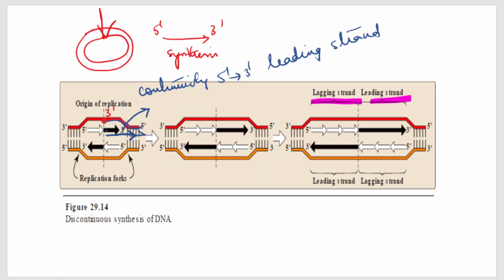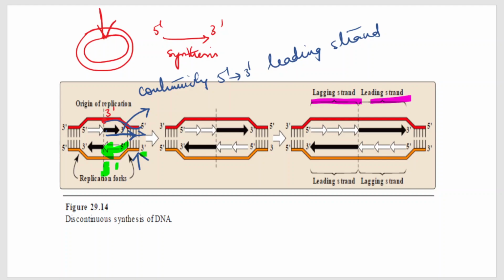Now look at the other end, this is the replication fork. Here this is the 3' end and this is the 5' end. So the 5' 3' direction is in this direction, which is away from the replication fork. Now imagine from here a new DNA has been synthesized.